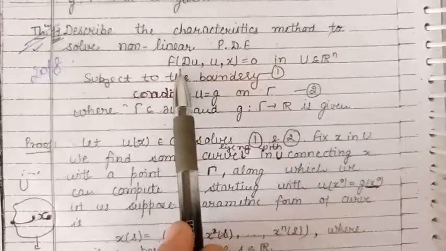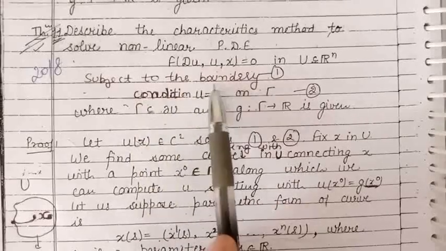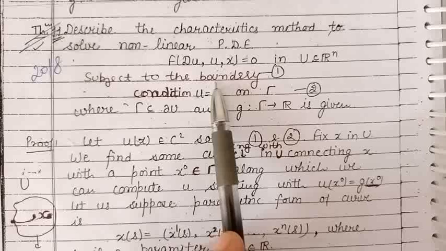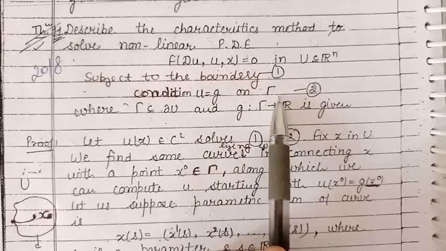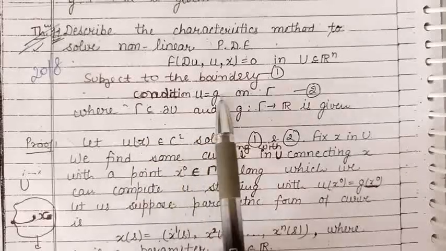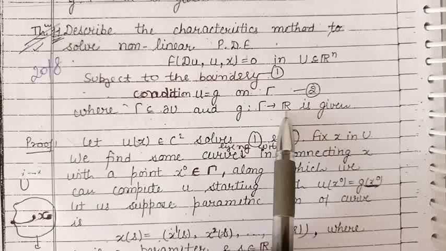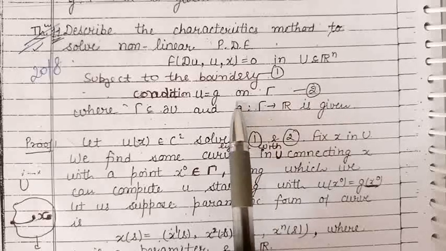We are to solve this partial differential equation subject to the boundary condition that the value of this function u is g on Γ. Here Γ is contained in the boundary of U, and this function g is a real valued function defined on Γ, and this is a given function.